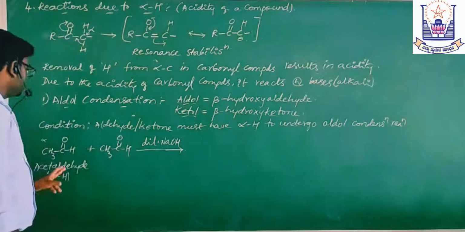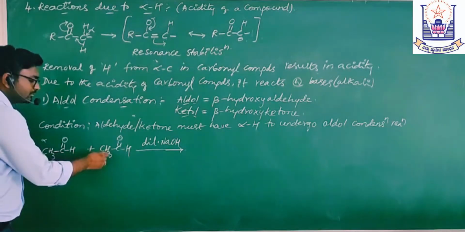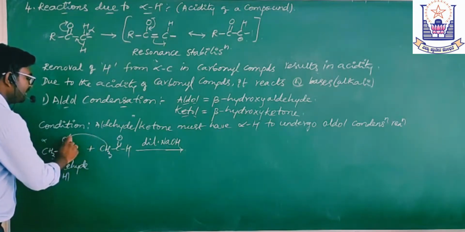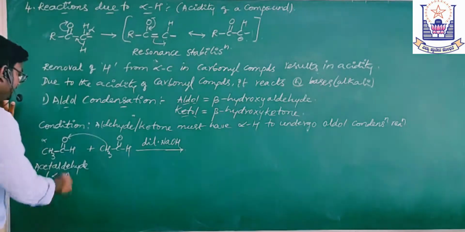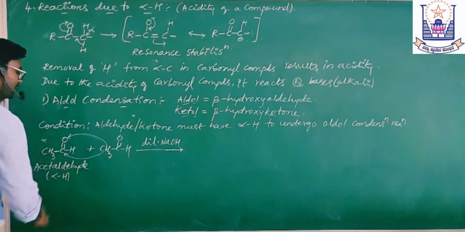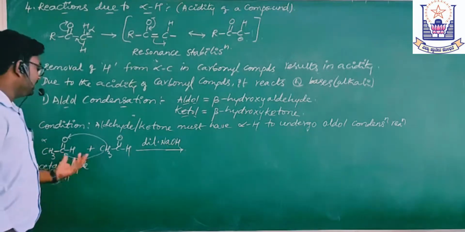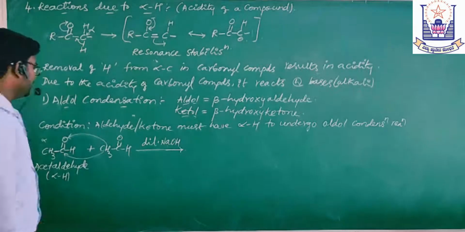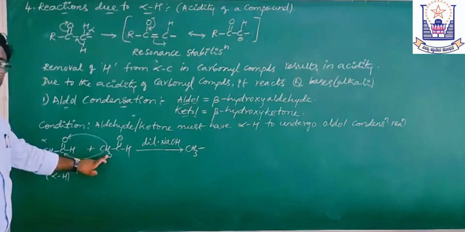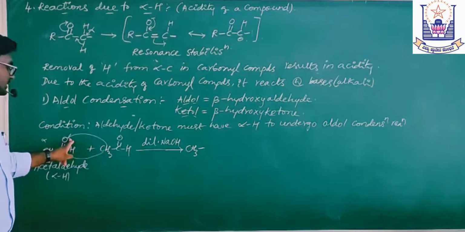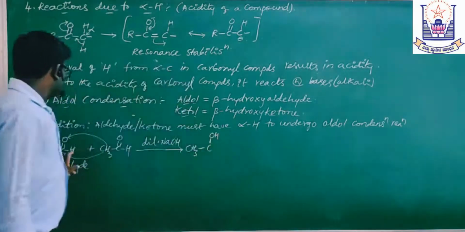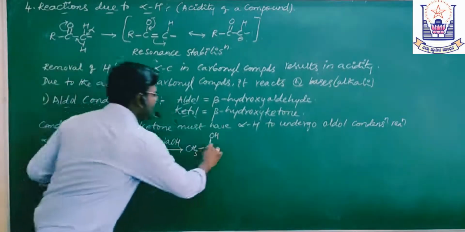Now, how does it proceed? Here, one of the hydrogens will be taken by this OH, and that CH2 will react with this. It gives the intermediate like this: CH3, and one of the hydrogens from here is taken by this oxygen, COH, and one H is there on this carbon.